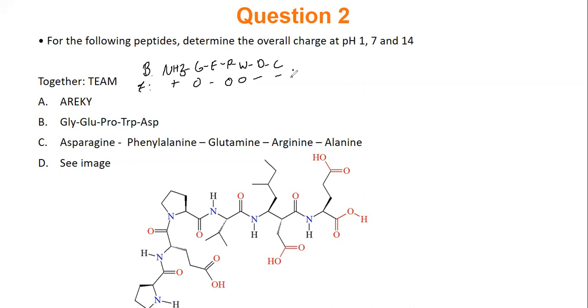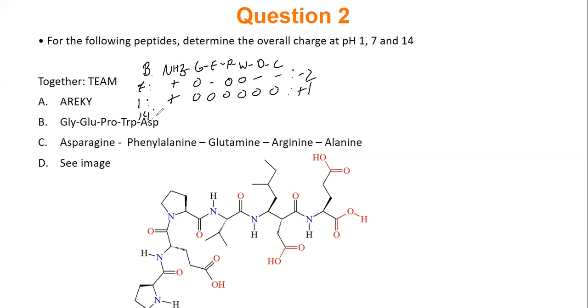So at pH 7, the charge is -2. At pH 1, if you're positive, you stay positive. If you're negative, you go to neutral. So positive, neutral, neutral, neutral, neutral, neutral, neutral. So at a pH of 1, we go to +1.